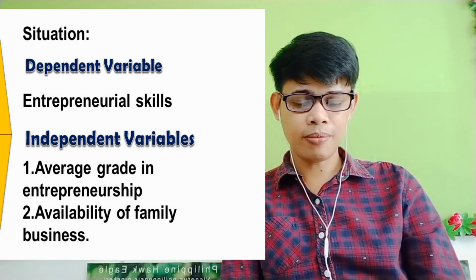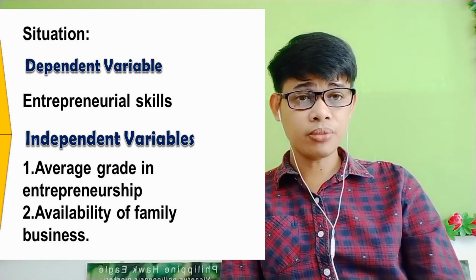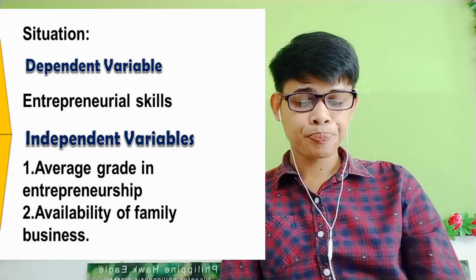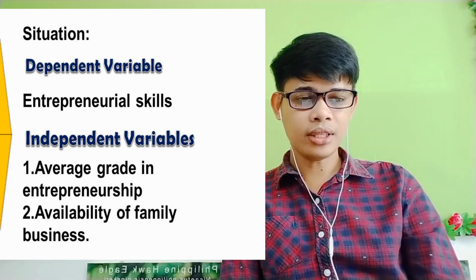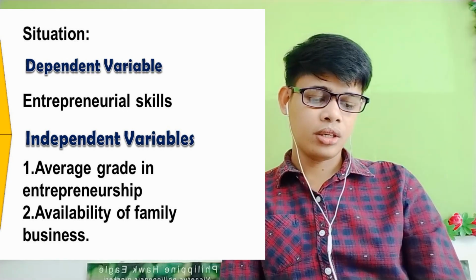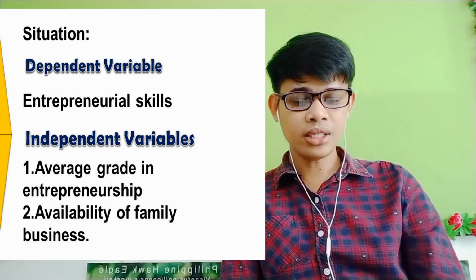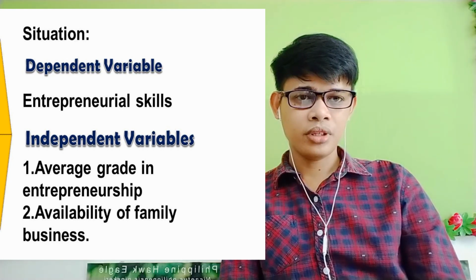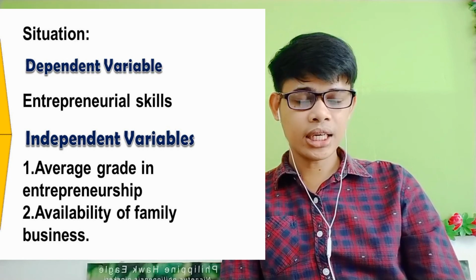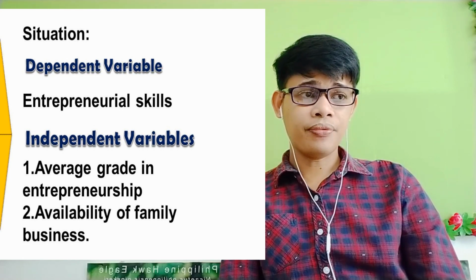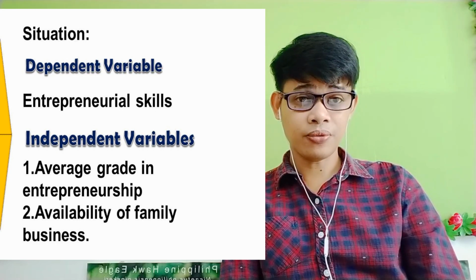For the average grade in entrepreneurship, the categories or values can be 95, 87, 86, and so on and so forth. For availability of family business, you can have two here: available or not available. And for the entrepreneurial skills, it could either be very skillful, somewhat skillful, or not skillful.